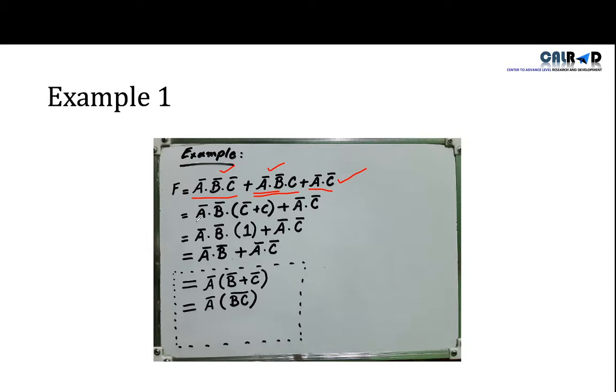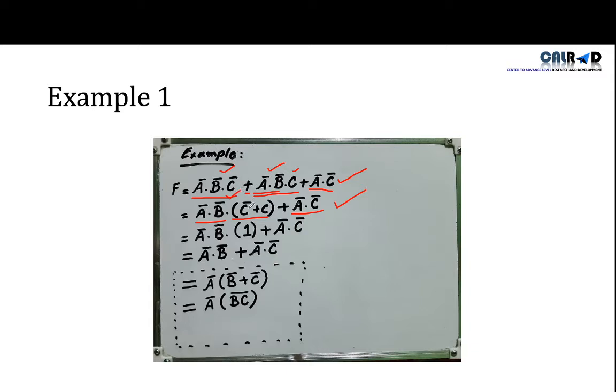If we take A bar into B bar common, then the remaining is C bar plus C, and the separate term is the same, A bar into C bar. So no rule is applied here, but a simplification is done by taking A bar into B bar common.